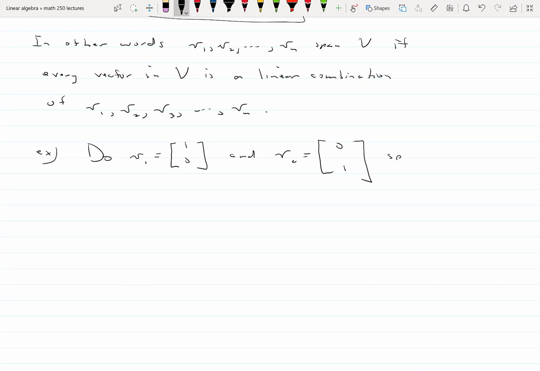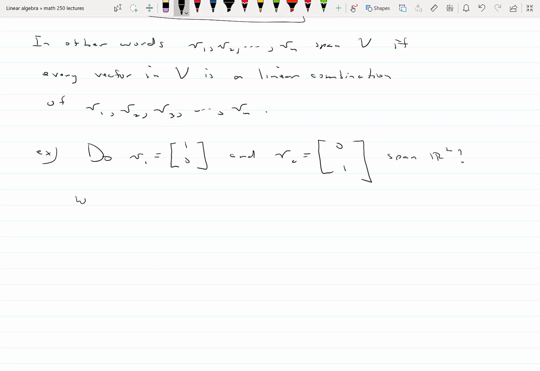Do these two vectors span R2? Do they completely cover R2 by linear combinations? Is every vector in R2, is every point in the xy plane a linear combination of these? If you've had Calc 3 or physics, you know the answer to this. Okay, do V1 and V2 span R2?